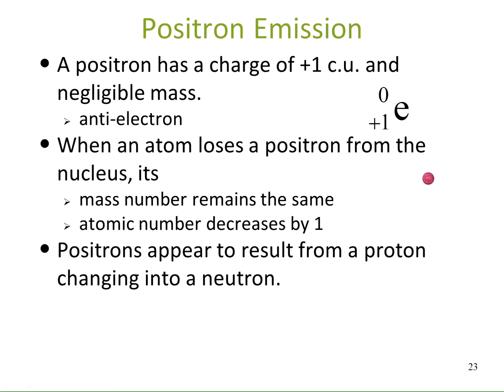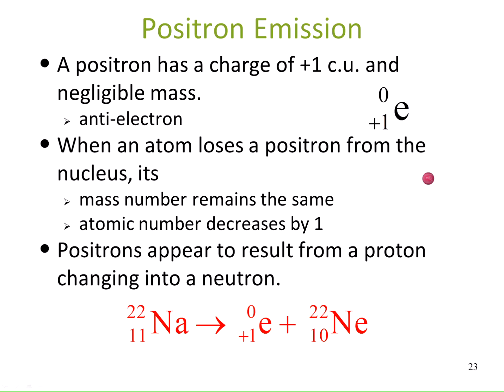When an atom loses a positron from the nucleus, its mass number remains the same, but the atomic number decreases by 1. Positrons appear to result from a proton changing into a neutron. So in this reaction where we have sodium-22 and a positron emission, notice again that the total number of protons and neutrons, the mass number, stays the same.